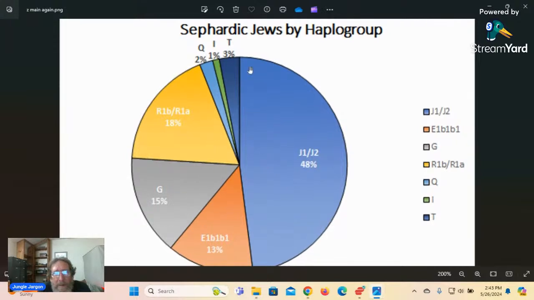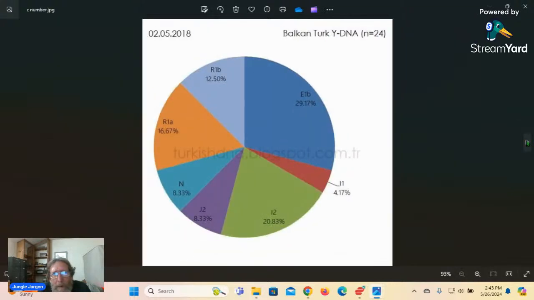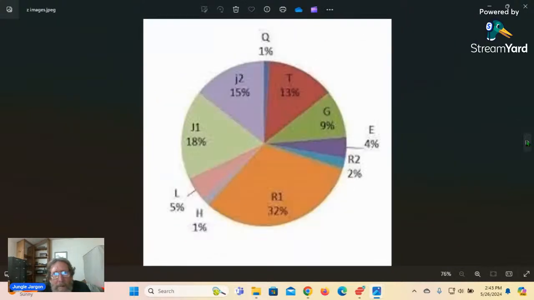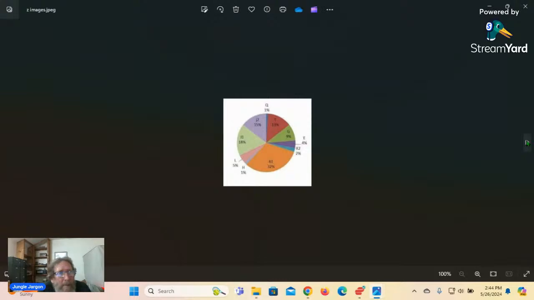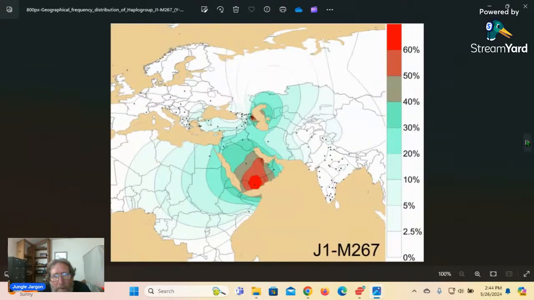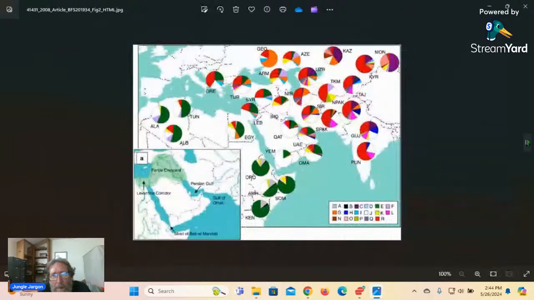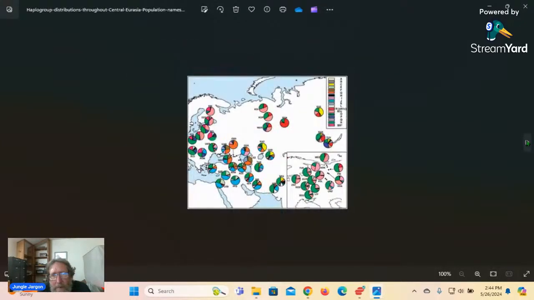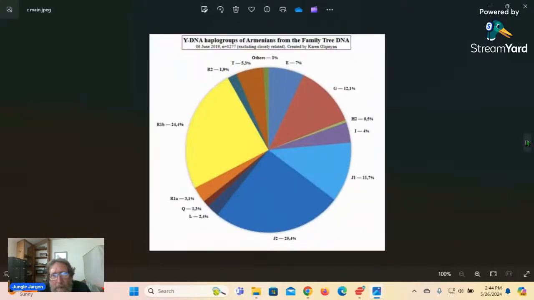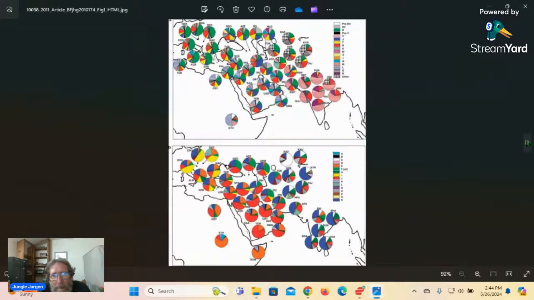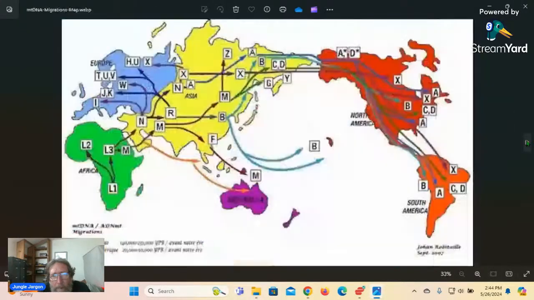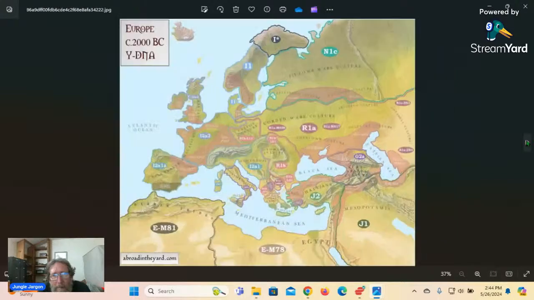R1B, I mean, it's all Judaic because of Sephardic Jews, but R1B, R1A, and the E. E would be like Egyptian. Balkans, Turk. This is J1. Well, I don't know what happened to my picture. Armenians. Maybe I have some more somewhere.